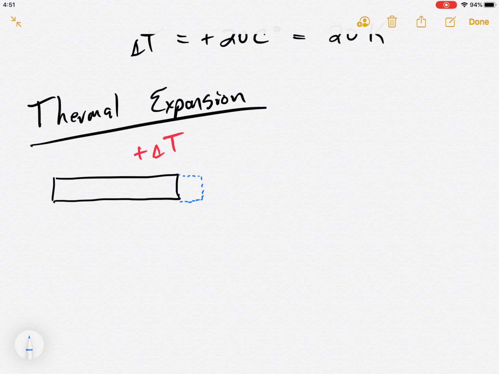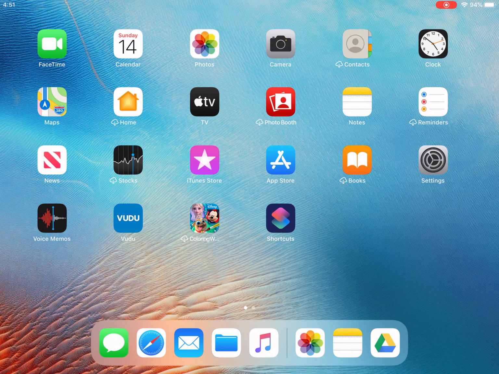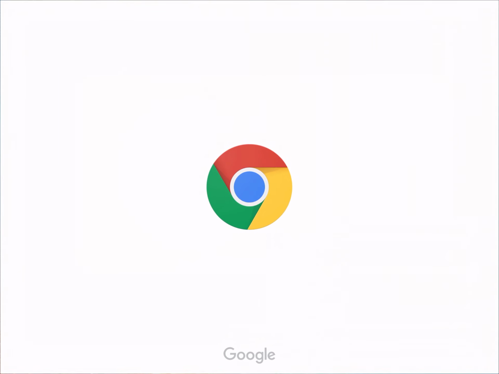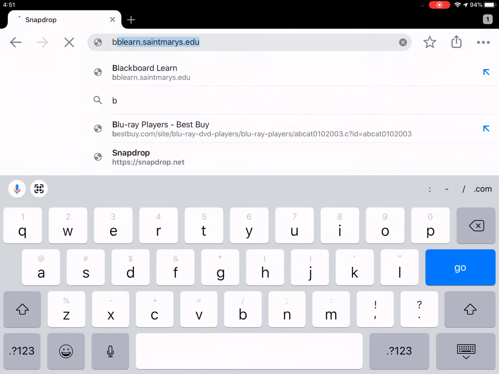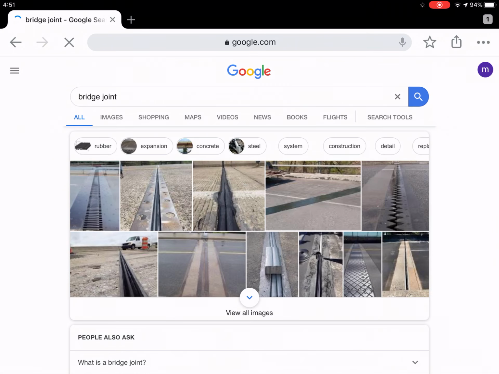Think if you've ever seen joints in a bridge, let's just Google it. Let's see what we get. All right.